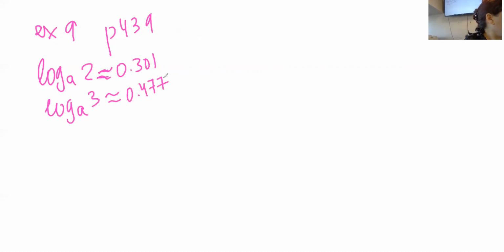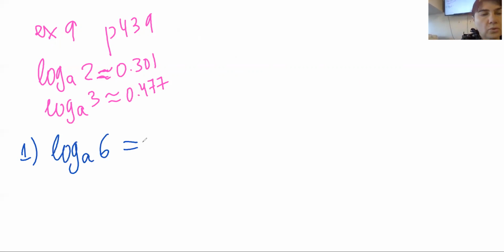Find each of the following. Okay, so first a, let's do blue. Find number 1: what is logarithm with base a of 6? So what do you need to do? The only things you can use are those two logarithms. So how are we going to find logarithm a of 6? By using those two things.